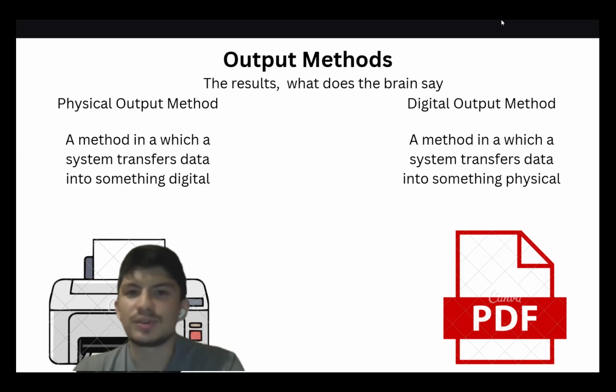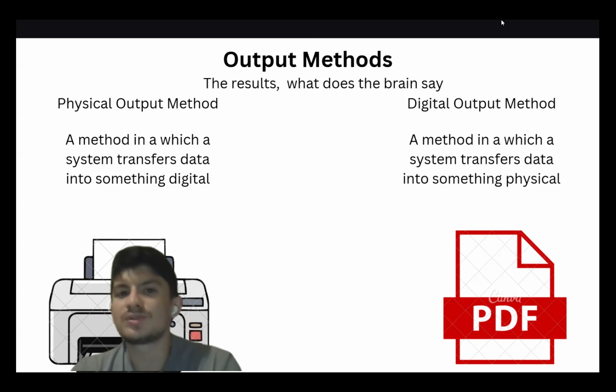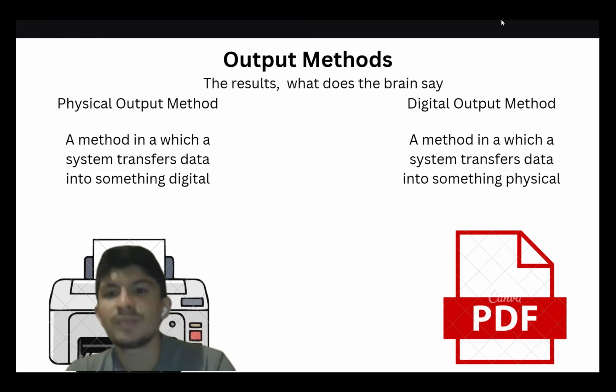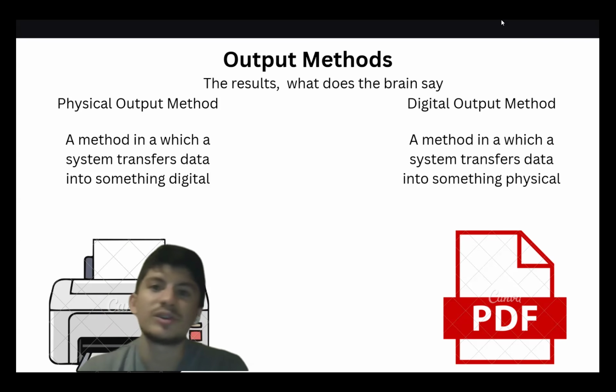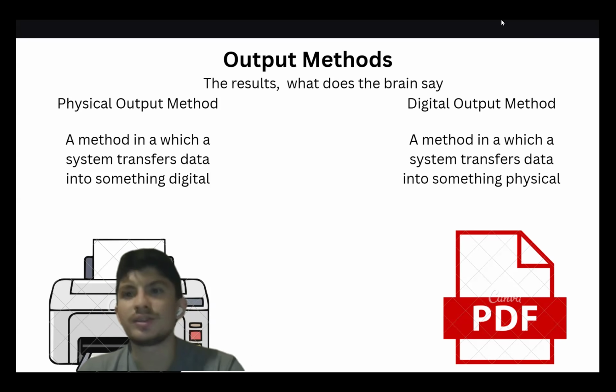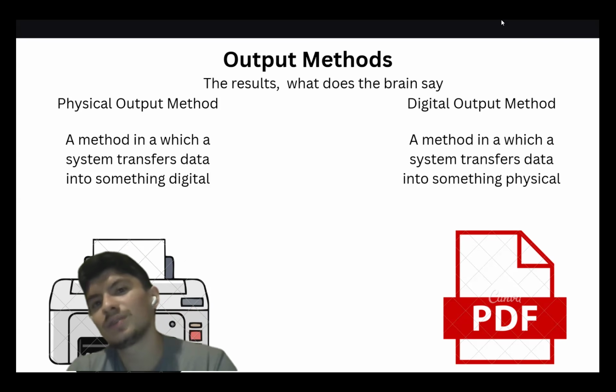Then the computer gives the results through output methods, which is either printing something, turning text into a PDF file, turning on or off anything in the world, or producing sound, audio, images, and so on.